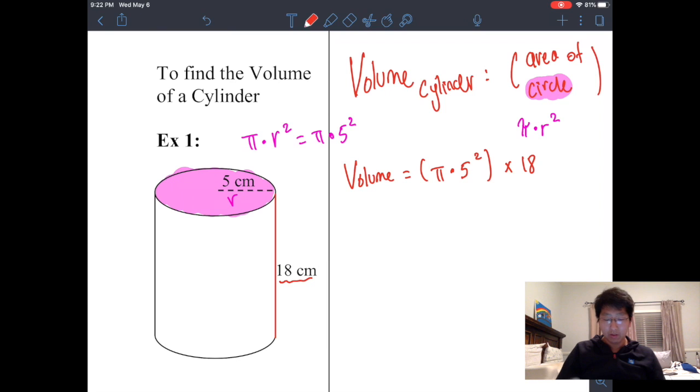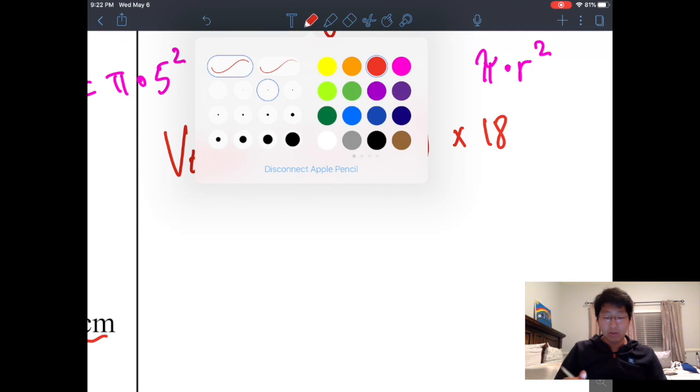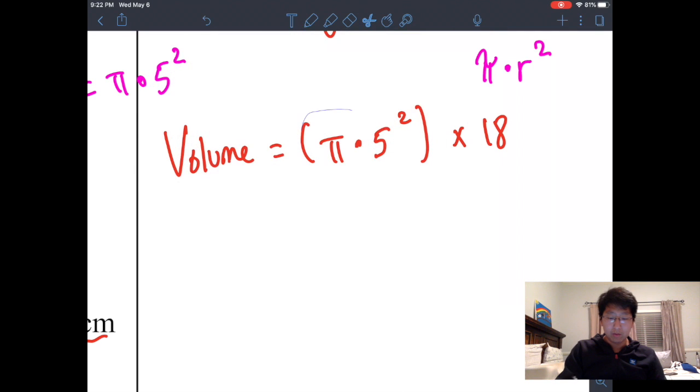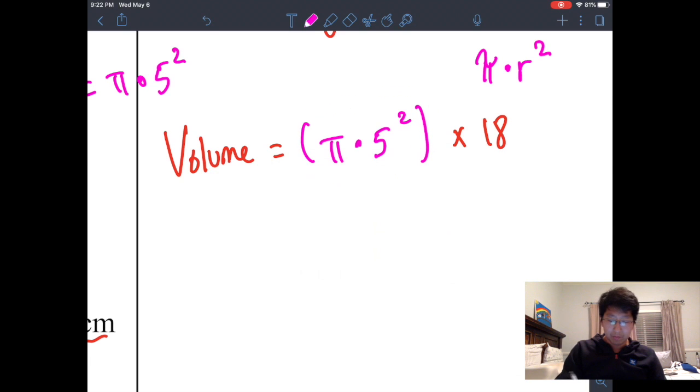Okay. It's the base circle multiplied by the height. The area of the circle, so here, let's do this in pink. Okay. We have pi times 5 squared is 25. Okay. Times 18.